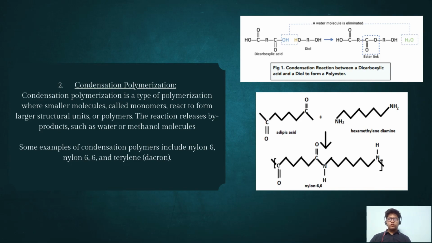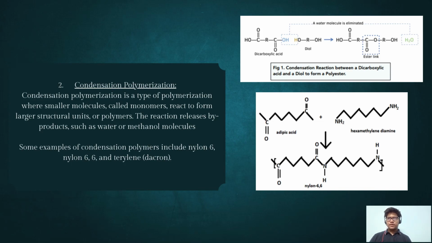So let's move on to the actual definition of condensation polymerization. Condensation polymerization means adding or combining two or more monomers to form a macromolecule called a polymer with a small loss of molecules such as water, ethanol or ammonia.